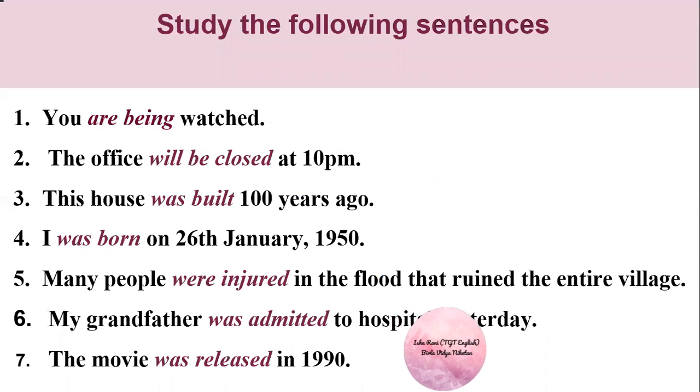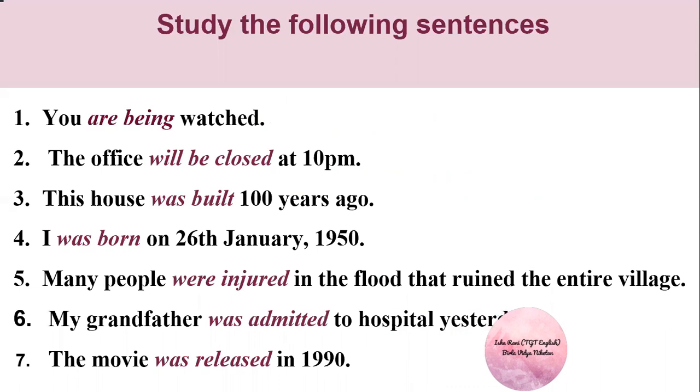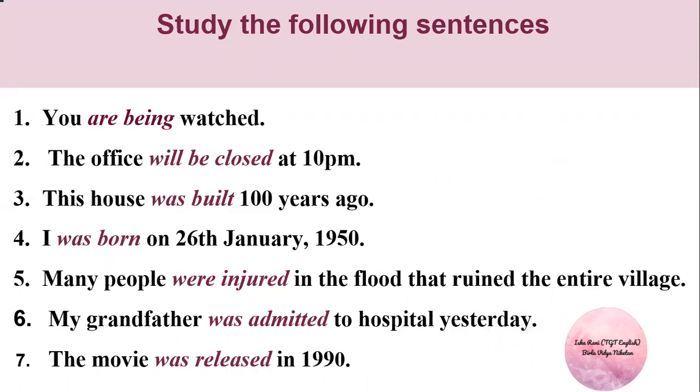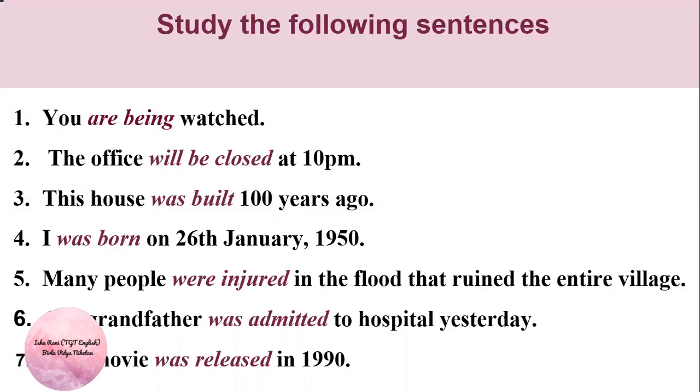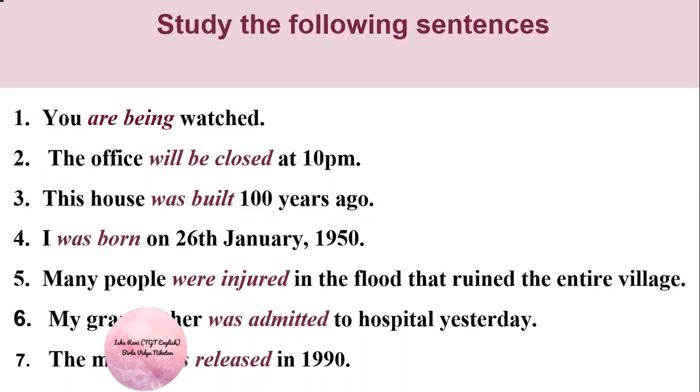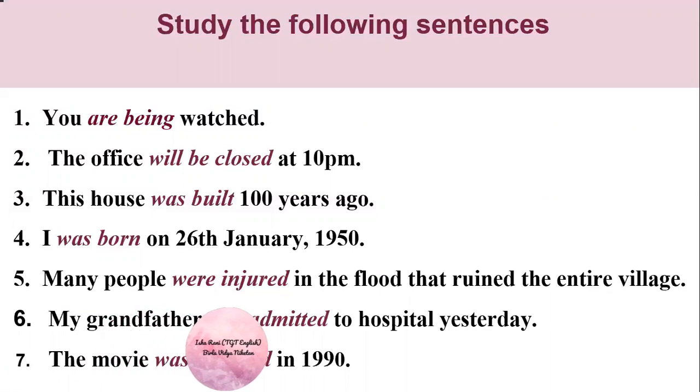To understand why we need the passive voice, we first need to study these examples. So let's pay attention. Now, if I say the cameras are watching you, it doesn't make much sense to say this. Instead, if I say you are being watched, it conveys the message in a better way. And if I say the guard will close the office at 10 p.m., it is not important who closes the office.